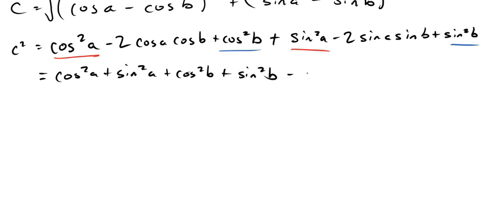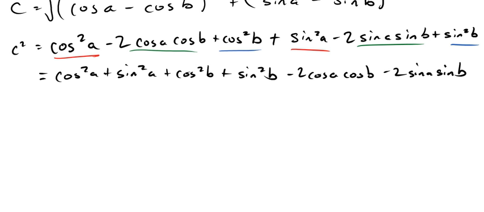Minus, I'll write it out the long way. Cos A cos B minus 2 sine A sine B. I think I got everything. So I got that one and that one. That's all of them, yes. Now do you see what we can do? Who's been practicing their identities?